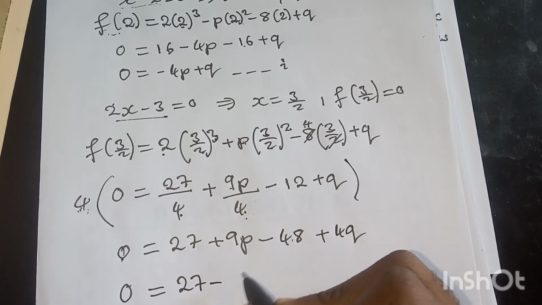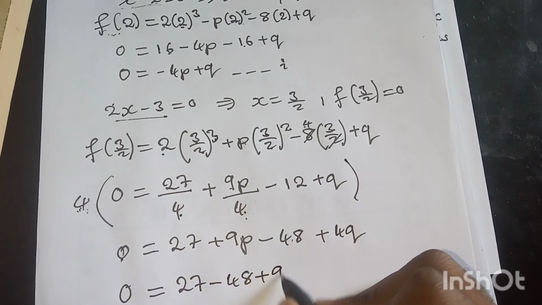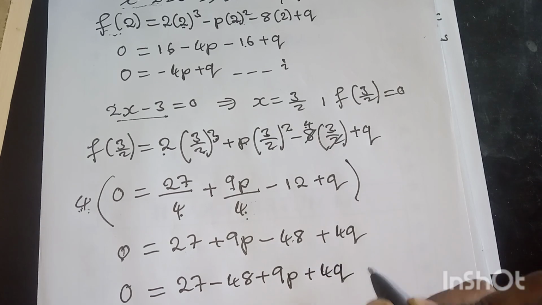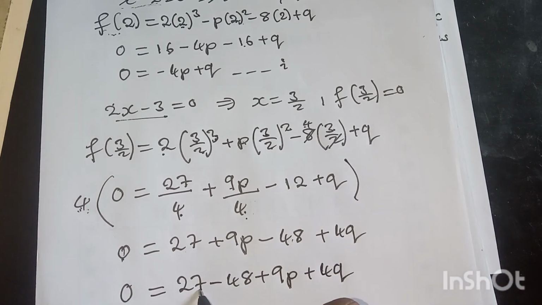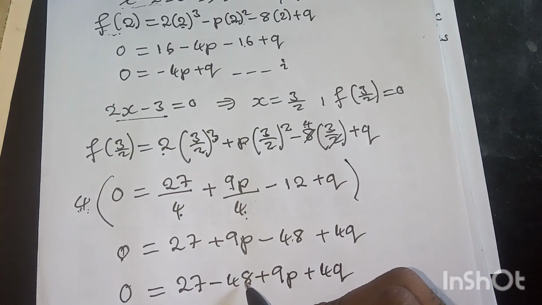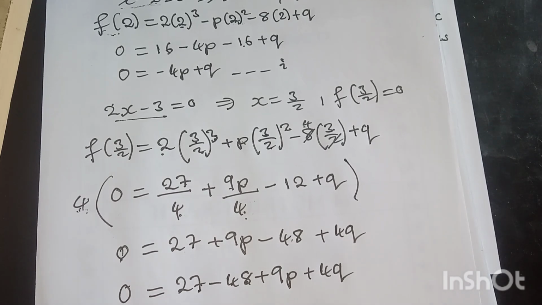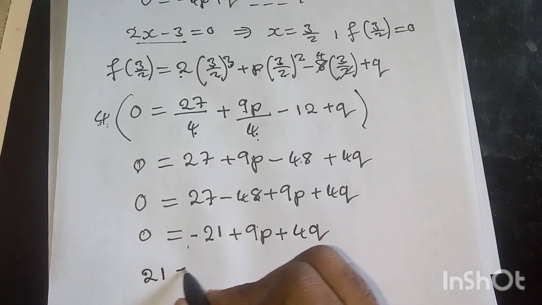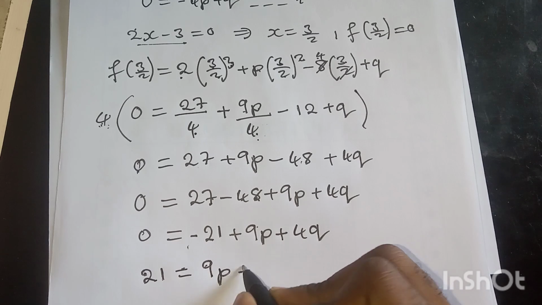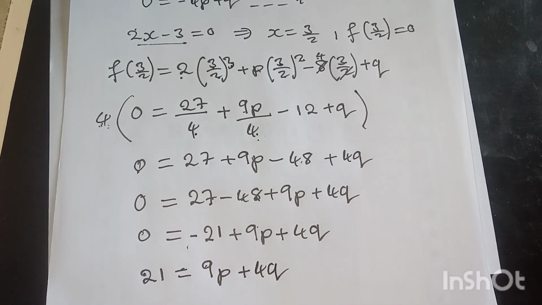So we have 27 minus 48 plus 9p plus 4q, and then this minus this, so we can say 8 minus 7, that's a 1, this minus this, that's a 2, so this will be negative 21 plus 9p plus 4q. So I can take this one to the other side, so that we have 21 is equal to 9p plus 4q.